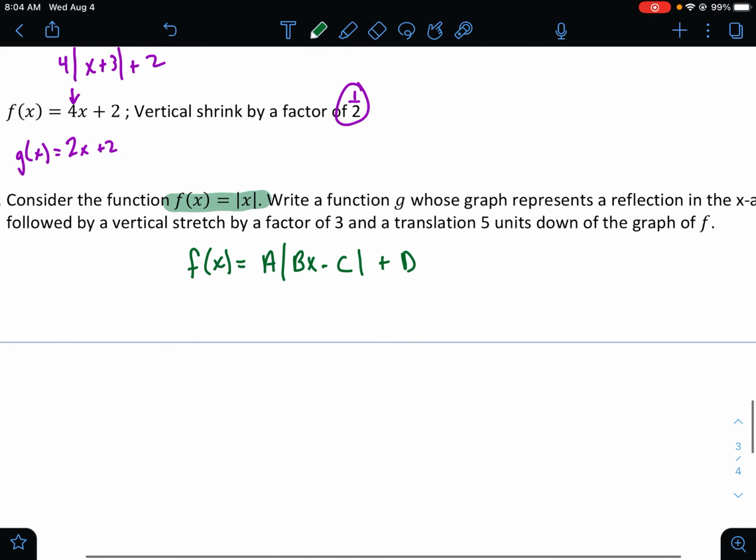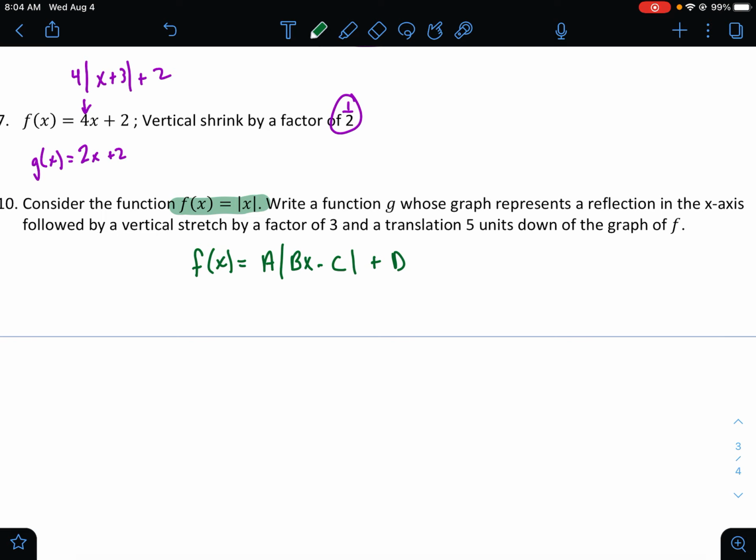Same thing. So when you have a bunch of things changing here, you're going to have to change multiple things at the same time. So it says write a function g, I guess I should change this to g, whose graph represents the reflection in the x-axis. A reflection across the x-axis is a vertical reflection.